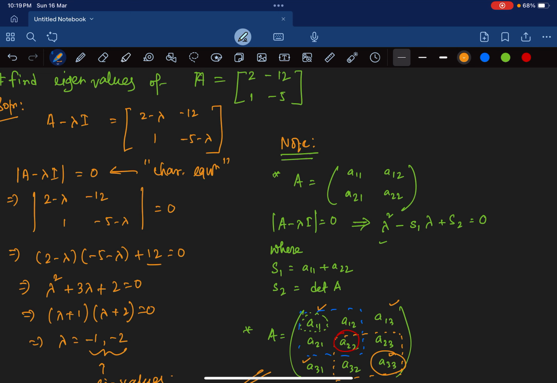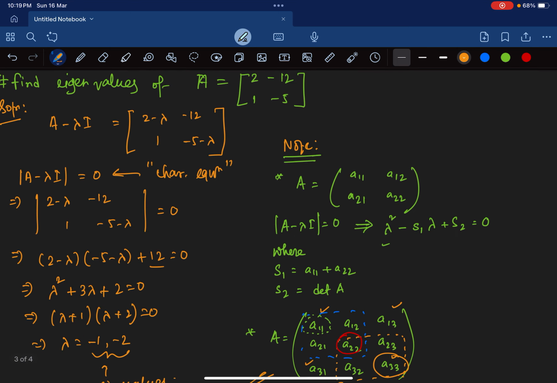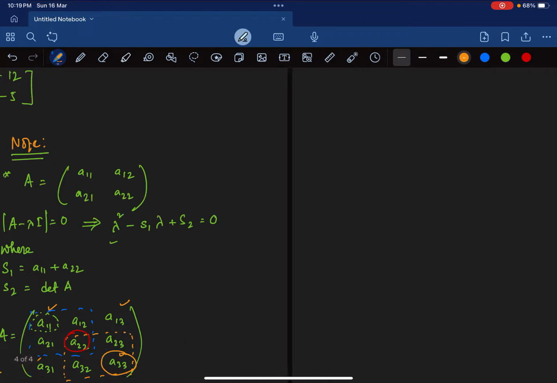Now we'll go to the eigenvector part. We'll try to determine eigenvector for the respective eigenvalues. So one question we can take now. Write down this question.